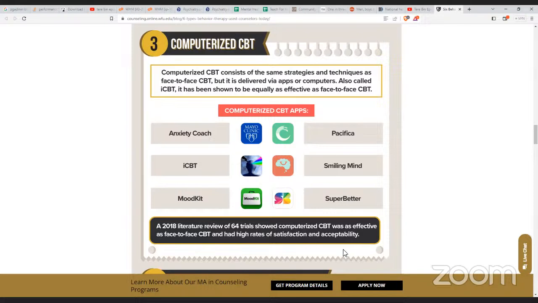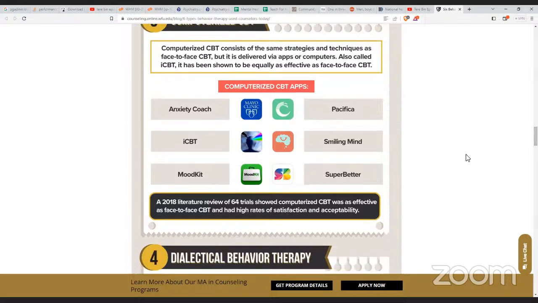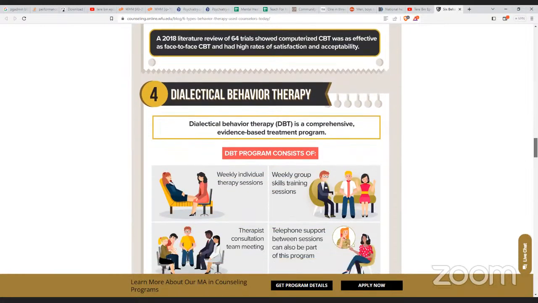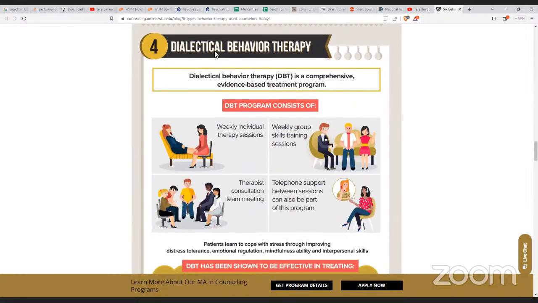Because many patients don't want to face the therapist or counselors. What do you think about this? True, ma'am. Because some of the problems they are facing, they don't want to share with anybody. They want it to be confidential. Now there is one more, dialectical behavioral therapy.